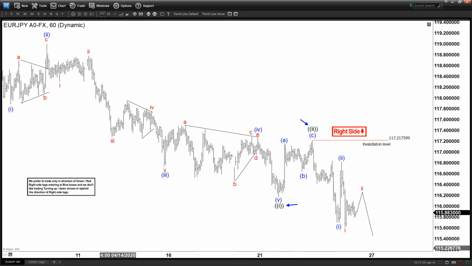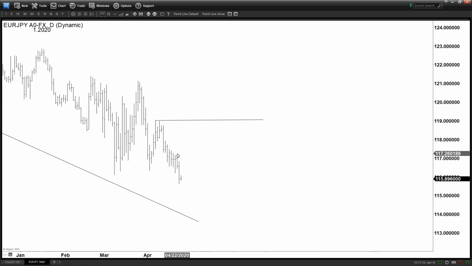Instead of calling 1 and 2 in black here, let's put this into perspective. If I go to the daily chart, this is your 1 and 2 here. Now instead of this, I think what can possibly happen is that we are still within wave 1 from here, right? That's your 5 waves down that comes from April 7th. So instead of calling 1 and 2 ending here and then just continuing to go down, we could still be part of wave 1. The only difference is that the rally is going to be a little bit bigger.